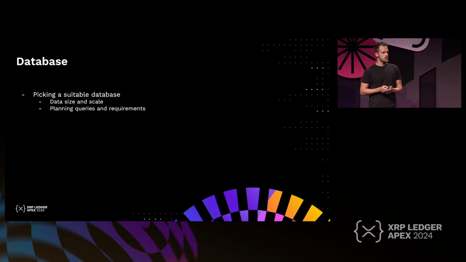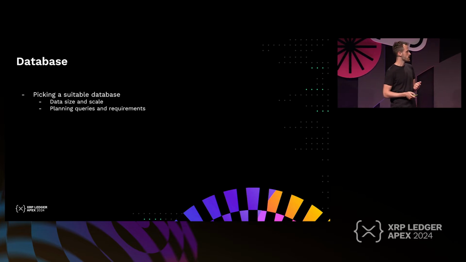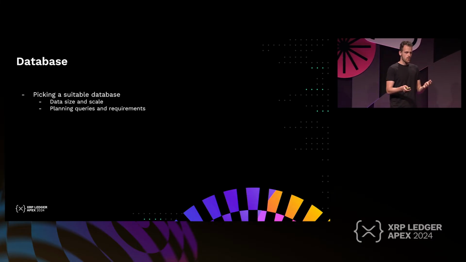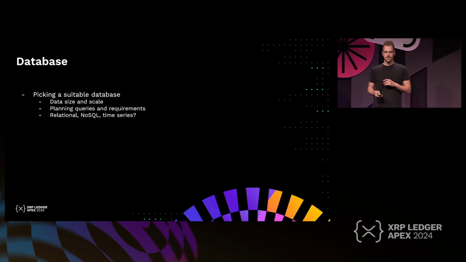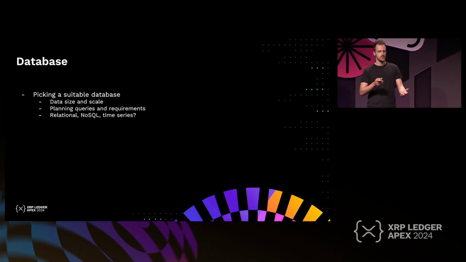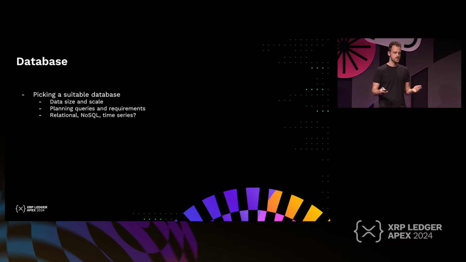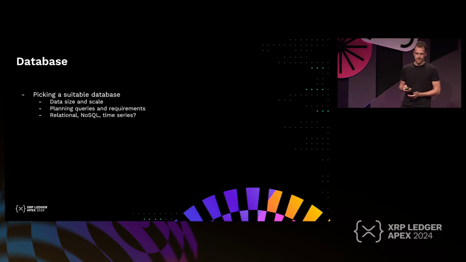As said, we want to be a replacement for the existing API, so we know what queries we want to support. Another important distinction is we have to pick either a relational, traditional database, a NoSQL database, time series, vector database, or graph database.